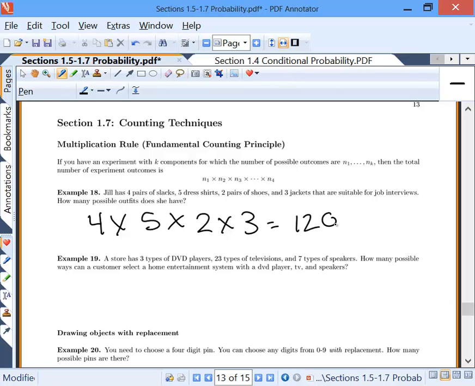For our next example, if a store has 3 DVD players, 23 televisions, and 7 types of speakers, how many possible ways can they select their home entertainment center containing a DVD, TV, and speakers? Again, we just multiply them.